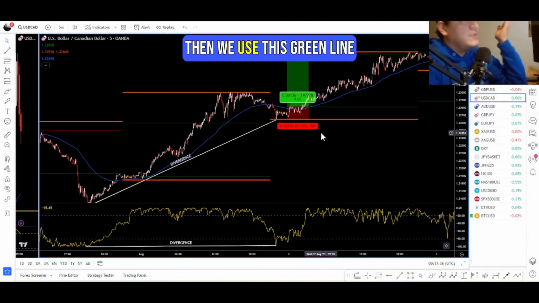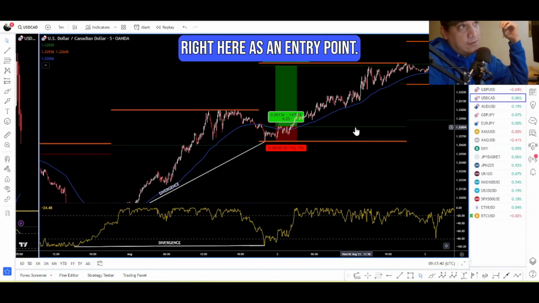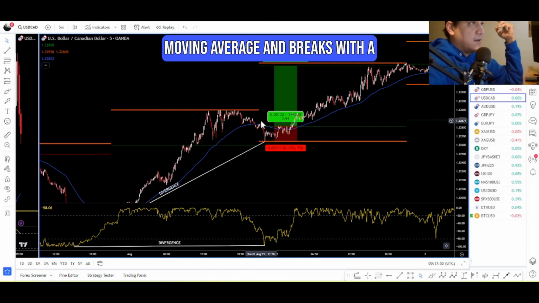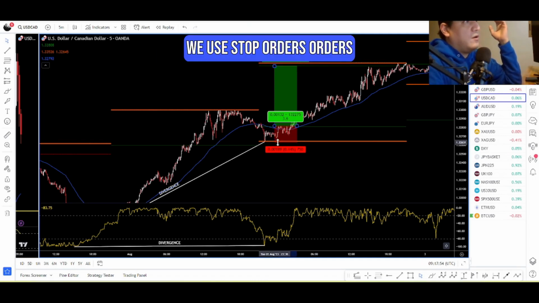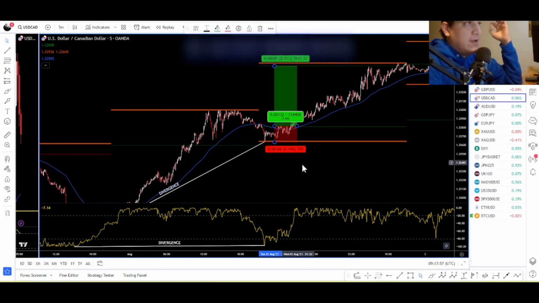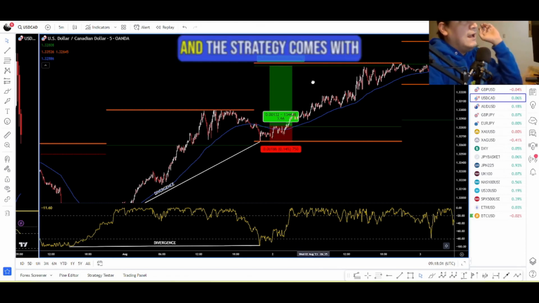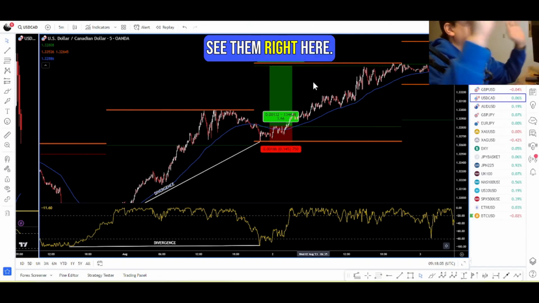Then we use this green line right here as an entry point. And when price jumps above my moving average and breaks with the structure, then I get triggered. We use stop orders with this strategy, and the strategy comes with these indicators as you see them right here.